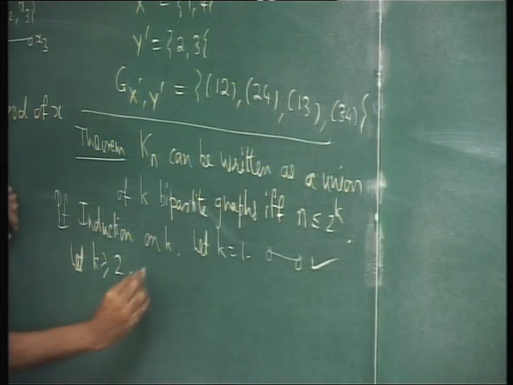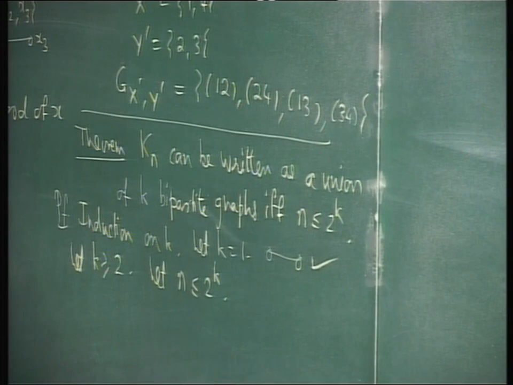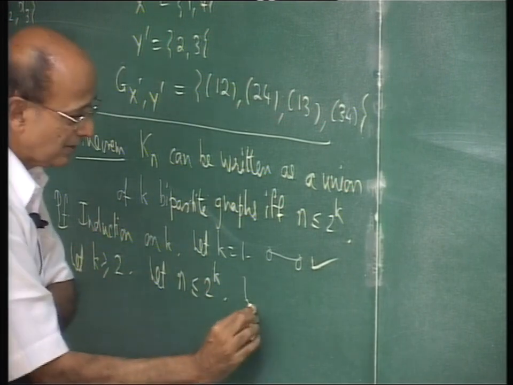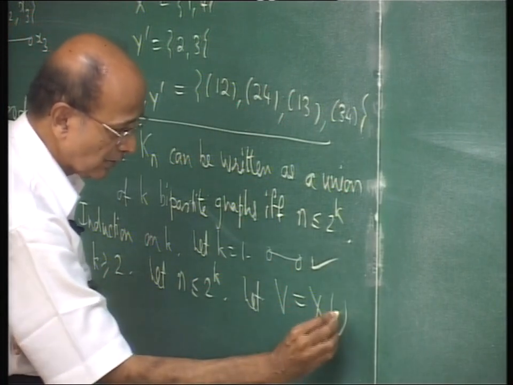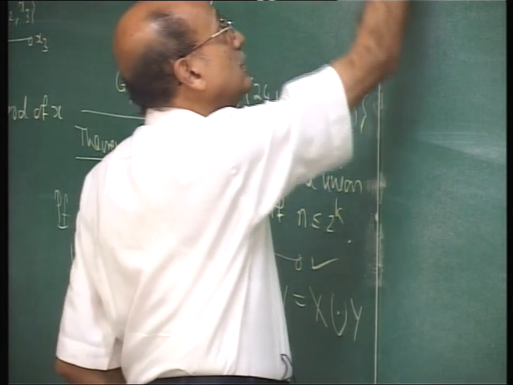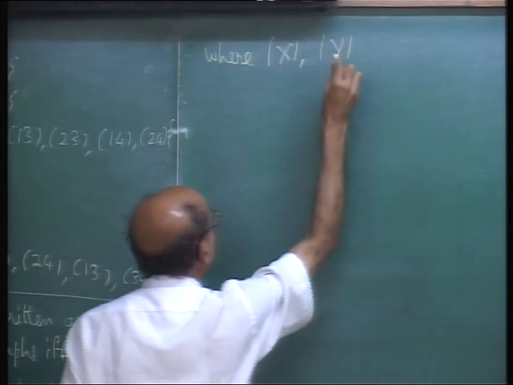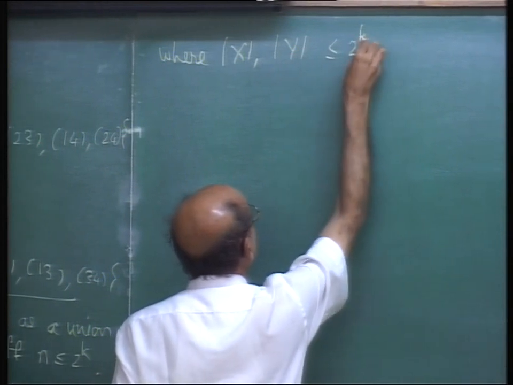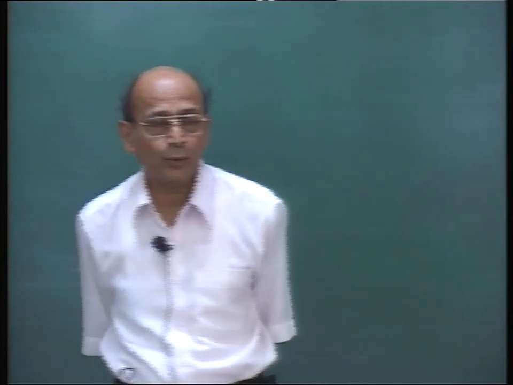So first let n be less than or equal to 2 power k. I can now divide the set of all the vertices. Let V be written as a disjoint union, where... How do I know that I can do that?